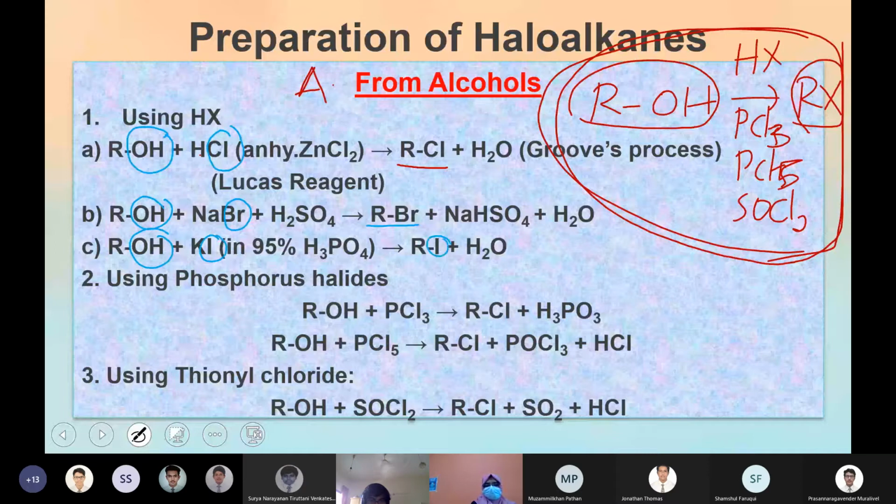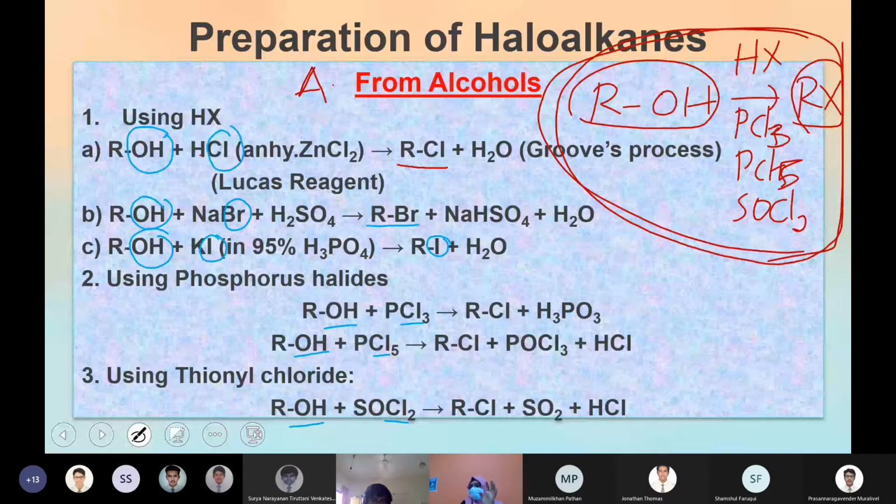Same thing is happening here: ROH is replaced with chlorine. OH is replaced again with chlorine. Here, same thing. So it's actually a substitution reaction where the OH group of alcohol is substituted by the halogen, based on the reagent you have taken.